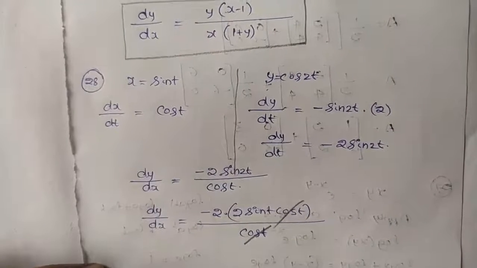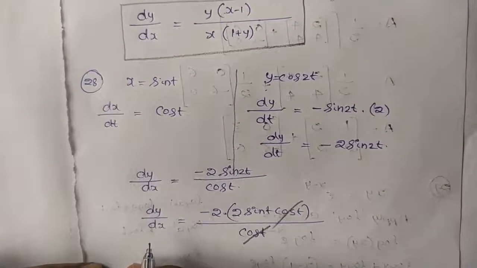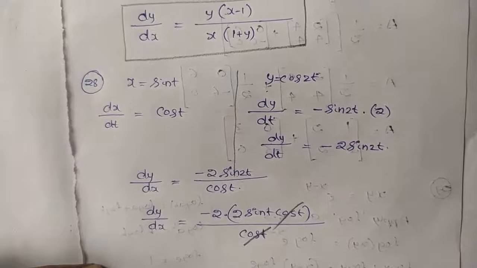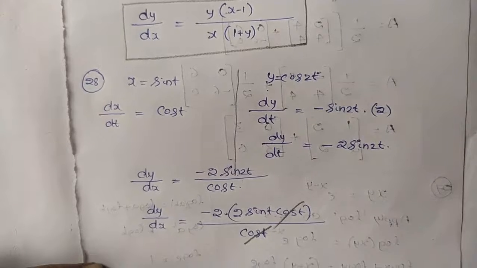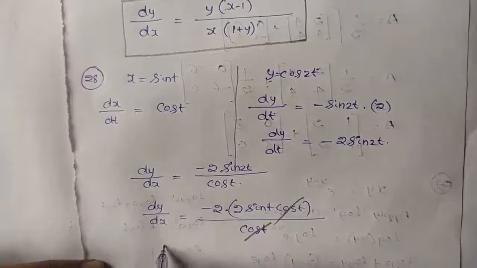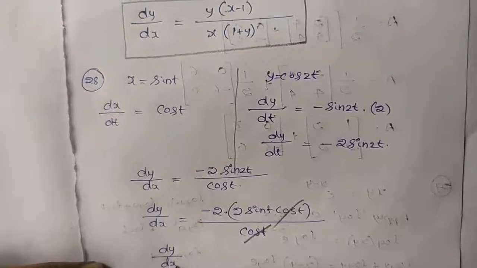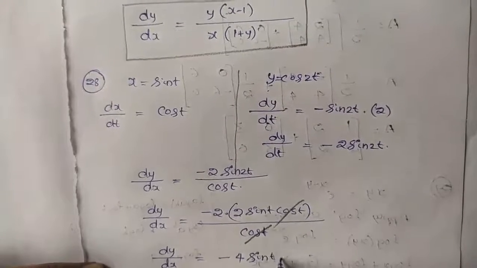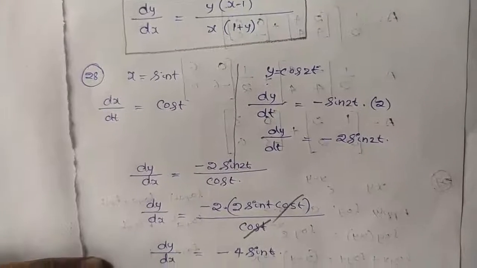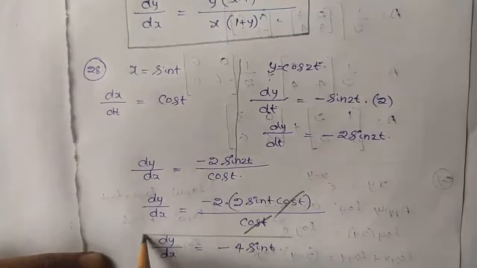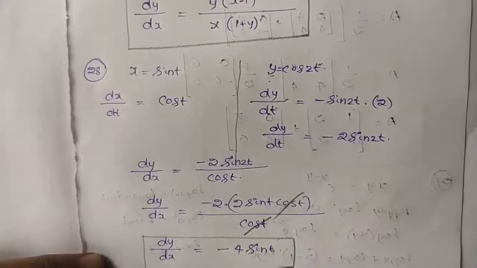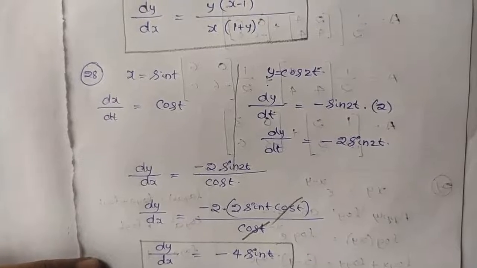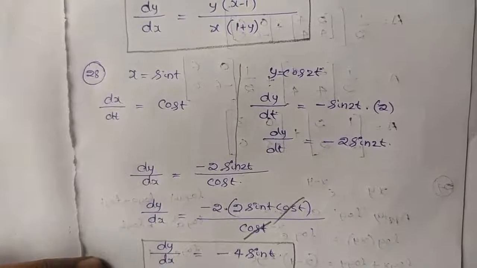Then finally we will get minus 2 into 2 is 4. Dy by dx equals minus 4 sin t. Hence we proved that dy by dx equals minus 4 sin t. Hence it is the solution for this question.